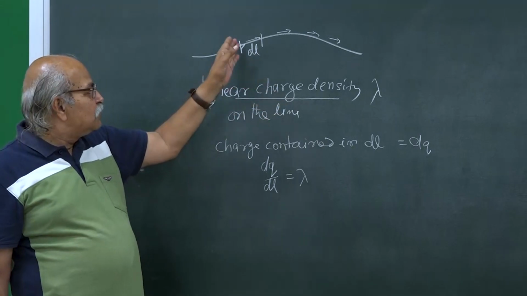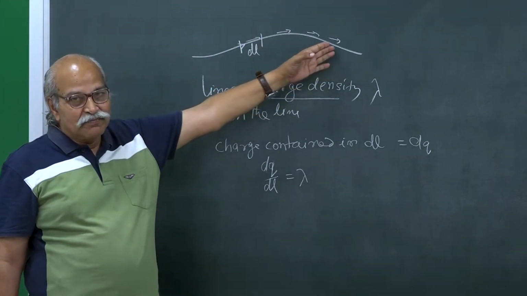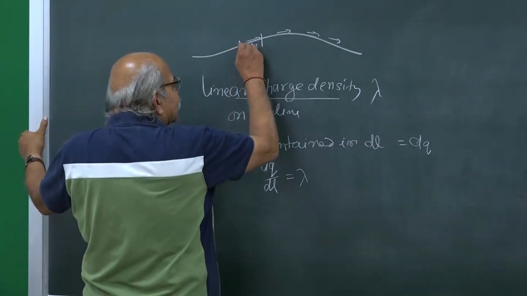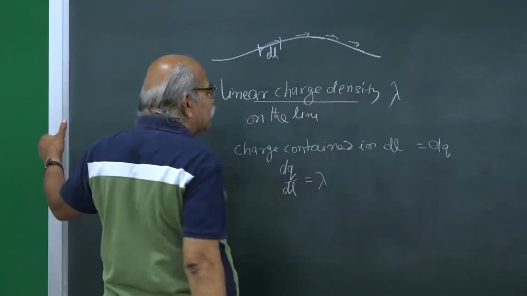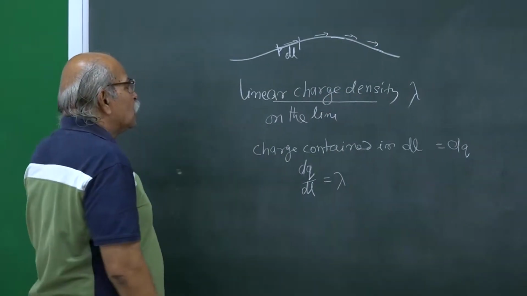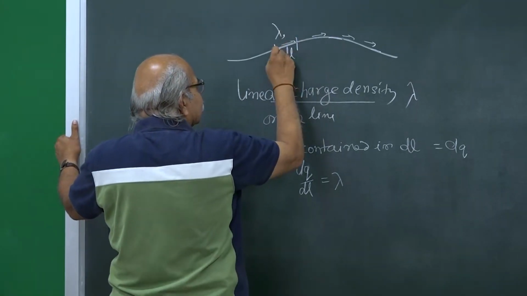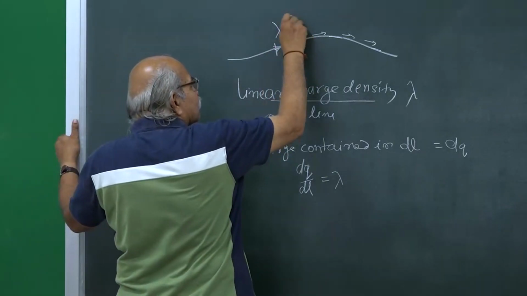So, if you have this linear charge density lambda, which may or may not be the same along the line, maybe here there is another lambda, here there is another lambda, but whatever. If the velocity is v, here the linear charge density is lambda and the velocity is v.